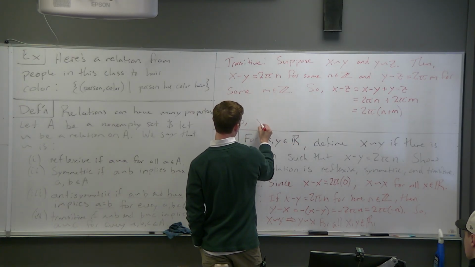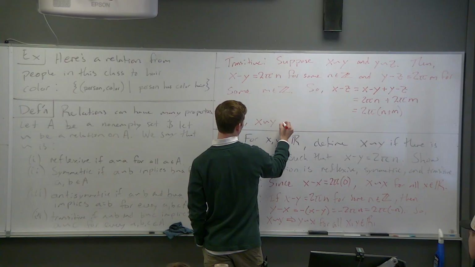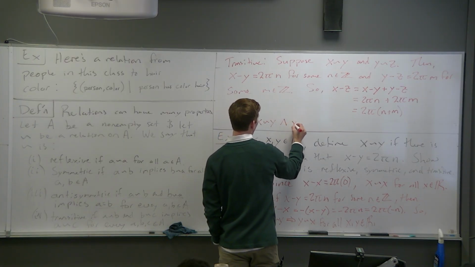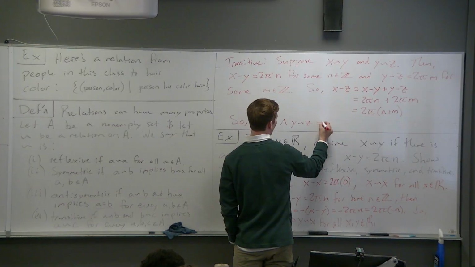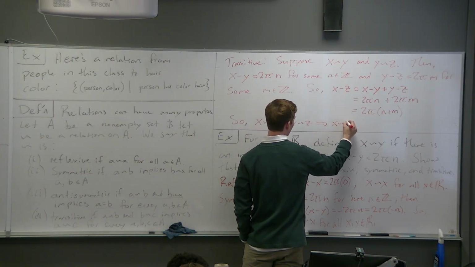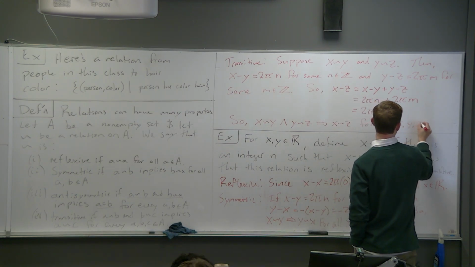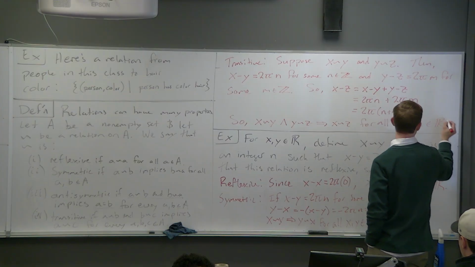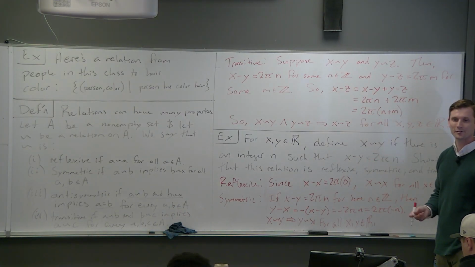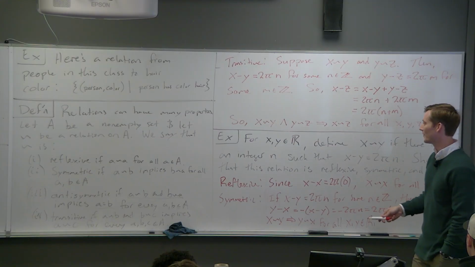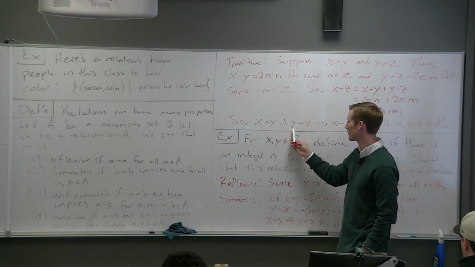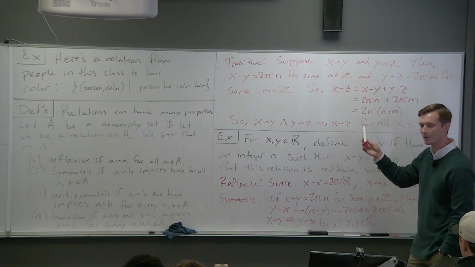So x is related to y, and y is related to z, implies x is related to z for all x, y, and z in the reals. That is, the relation is transitive. If I can go from one to the next, and from the next to a final one, then I can go from the first one to the final one.